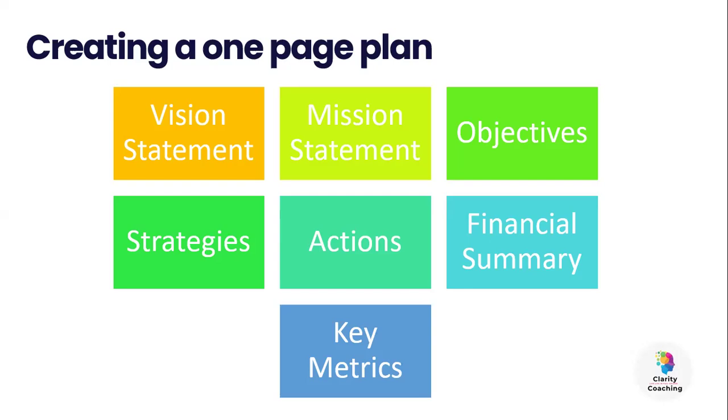The next title on your one-page plan is strategies. So these are the high-level approaches that you could take to achieving your business objective. So in our cleaning business, for example, we could have a strategy around our product, such as develop and launch a new eco-friendly cleaning product every quarter.